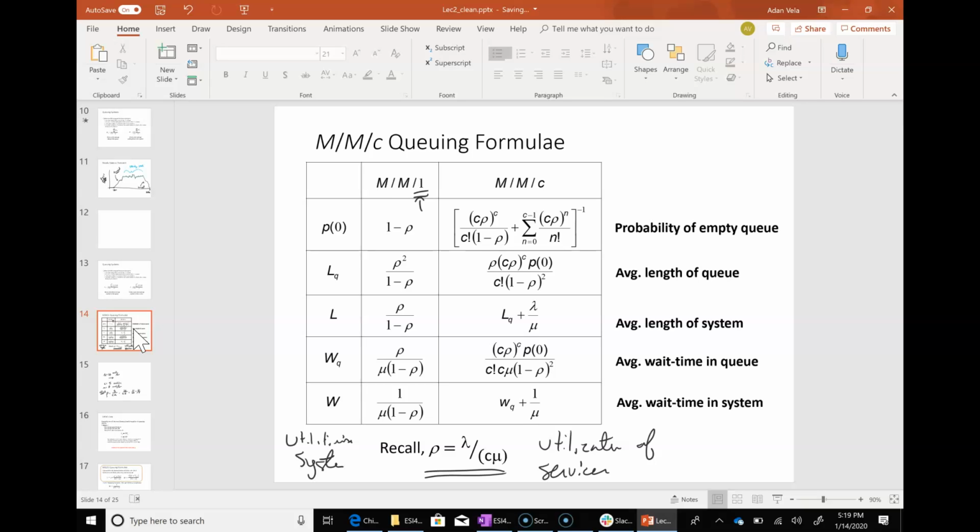If you have multiple servers, like the example of the airport, in that case, use these equations here, and you've got to work through the math, right? Sort of plug in each other.